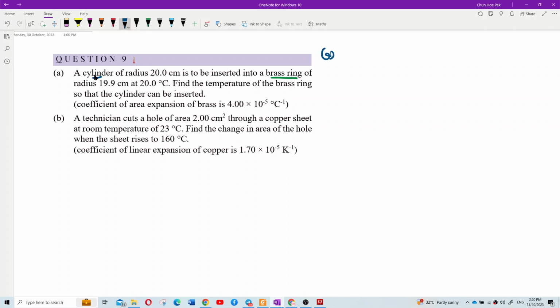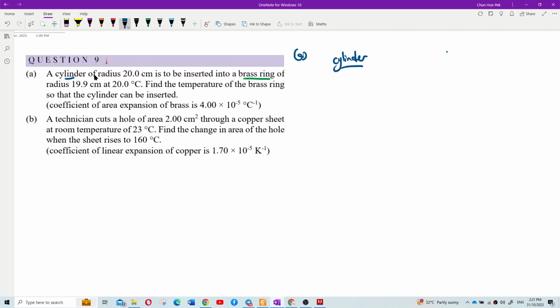So I have a cylinder and a brass ring. This is the cylinder. The radius of the cylinder is 20 cm.